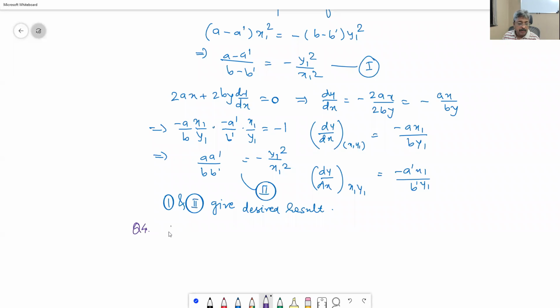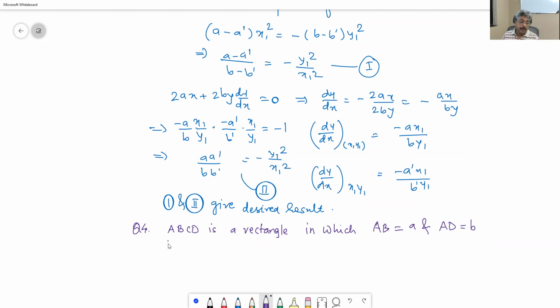ABCD is a rectangle in which AB is equal to small a and AD is equal to small b.